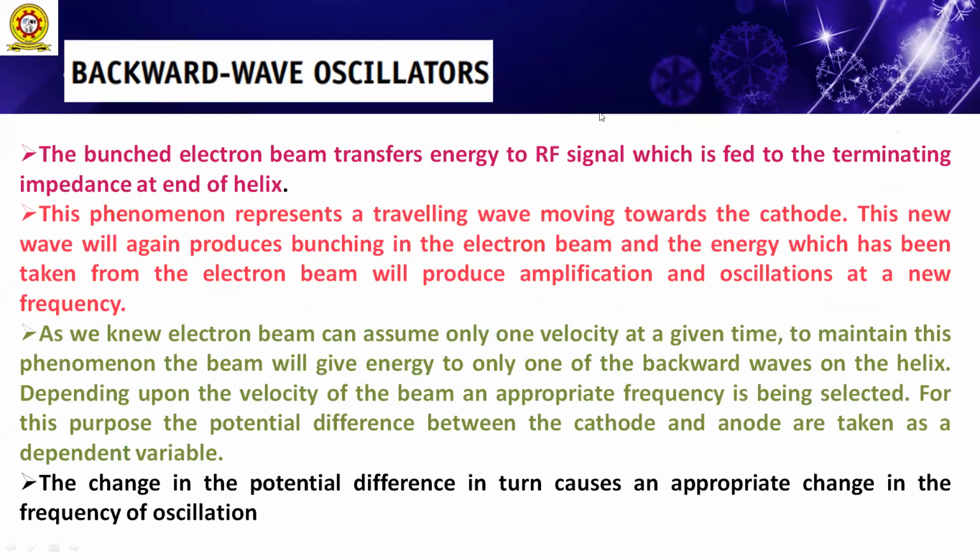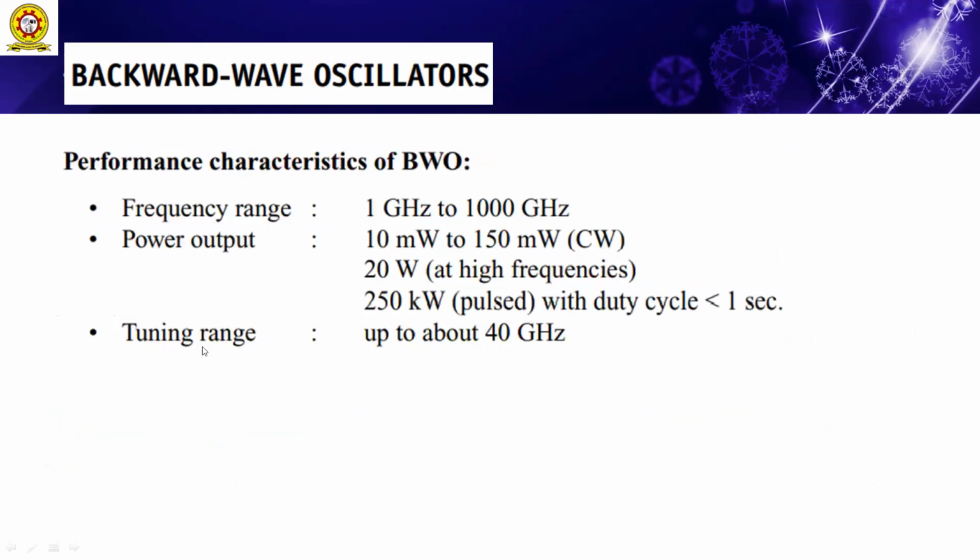So like TWT and HWT, BWO also has an omega-beta diagram, which explains a good relationship between angular velocity and phase constant beta. During this bunching process, all bunched electron beams transfer the energy to the signal, which is fed to the terminating impedance of the helix.